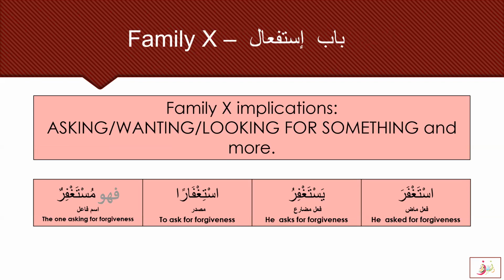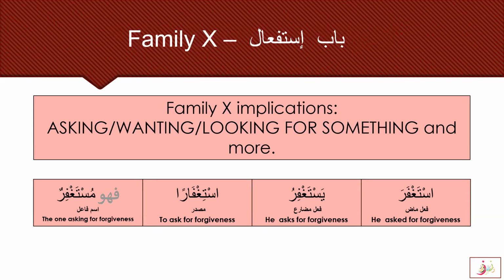Istaghfara yastaghfiru istighfaran fahuwa mustaghfiru. So here you can say that this is used mostly when someone is asking for something. And notice that the istaghfara family will always have ist or yas in the fi'l, regardless of what root letters are used in this family.